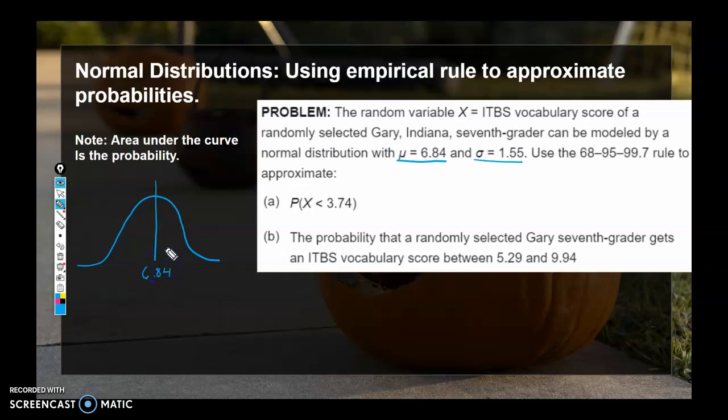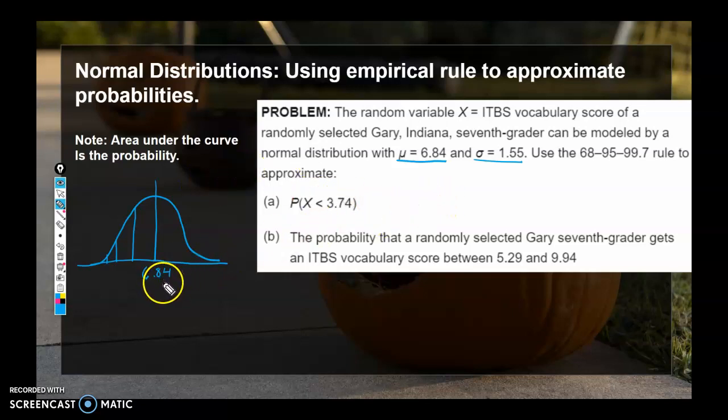It just helps to sketch. You don't necessarily have to do it, right? I want to know that we're less than 3.74. Okay, so 1 standard deviation here to the left, 2 standard deviations to the left, 3 standard deviations to the left. Let's see where we are going to fall.